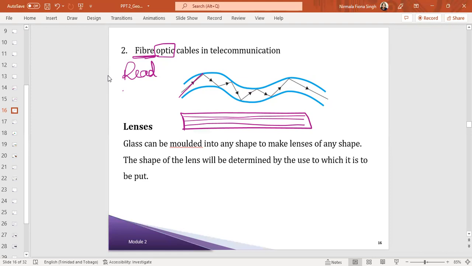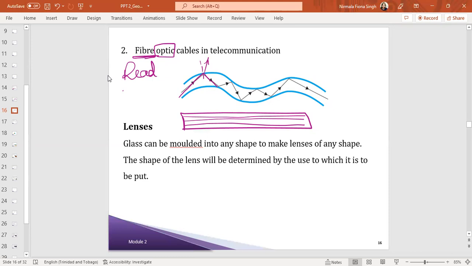Total internal reflection is where, instead of having refraction, we end up having reflection. This light can pass through this glass, but this glass is not coated with aluminum paint or silver paint or anything like that to make the light bounce around. This is strictly glass, transparent, colorless glass.